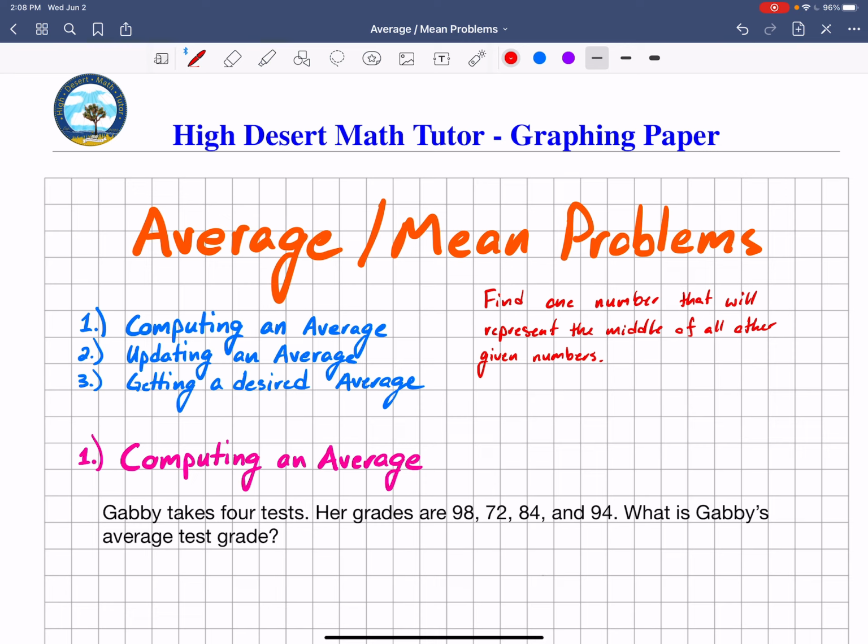So say you take 3 tests, you have a certain average grade, and you take one more test. Well, what's the new average? Or even saying you have a certain number of tests and you want your average to be, say, a certain number. Well, what would your final test have to be to get that exact average you'd hope to receive? So here, we're going to cover a few different situations, and hopefully after this video, you'll feel pretty comfortable with averaging problems.